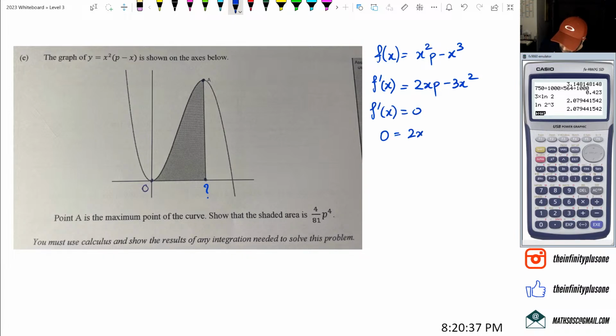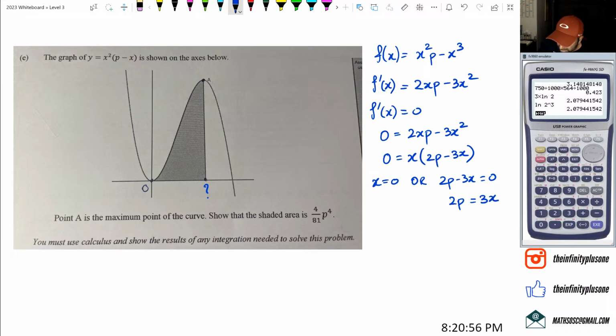So 0 is equal to 2xp minus 3x squared. X is a common factor, so I'm going to get x times (2p minus 3x). So here I can say that x is equal to 0, or 2p minus 3x equals 0. Rearranging this, 2p equals 3x, and x is equal to 2p over 3.